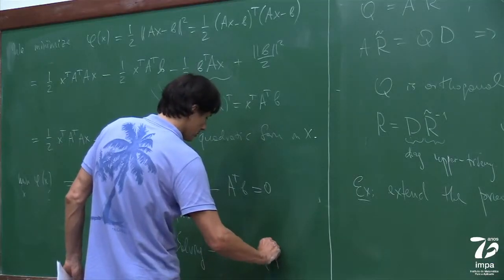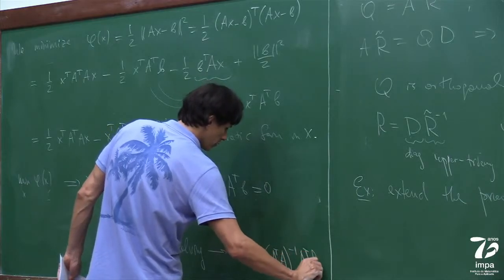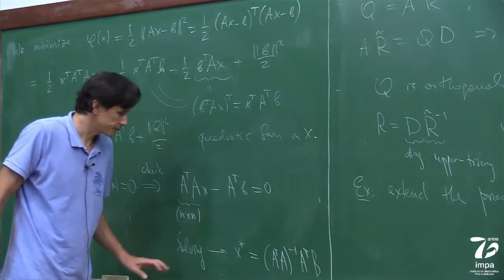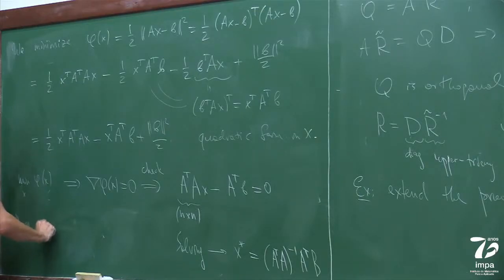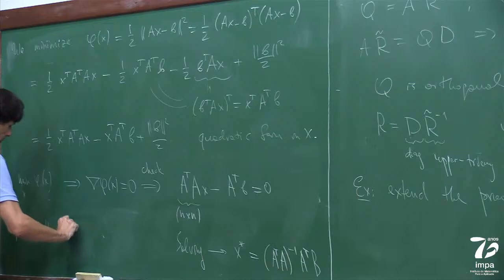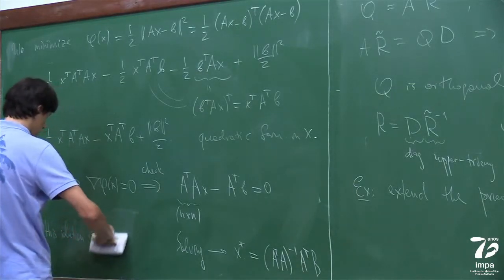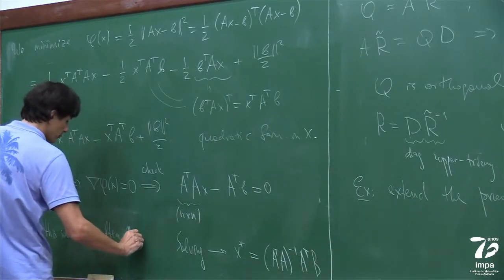Let's write it explicitly. Okay, so what we showed is that there is a solution, and it's actually even unique. The problem is that this solution is often, let's say not always, ill-conditioned.